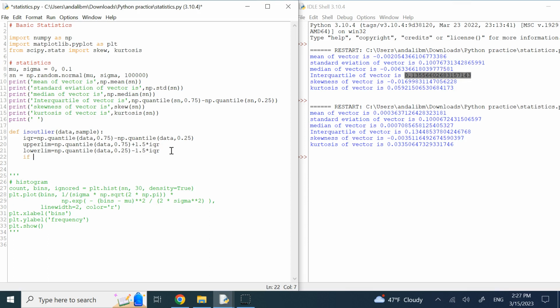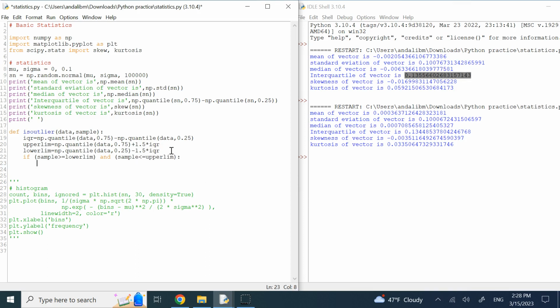So here we can say if your sample is greater than or equal to the lower limit and the sample is less than or equal to the upper limit, then you print that the given sample is not an outlier.